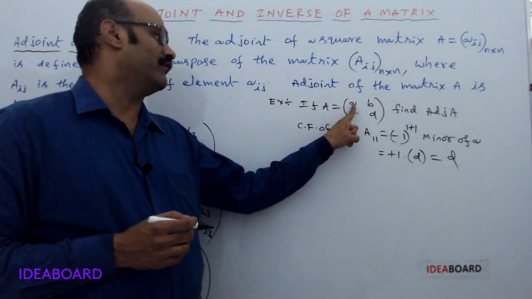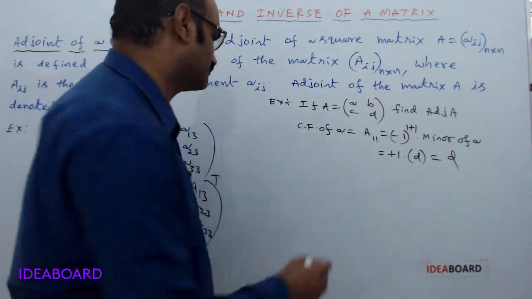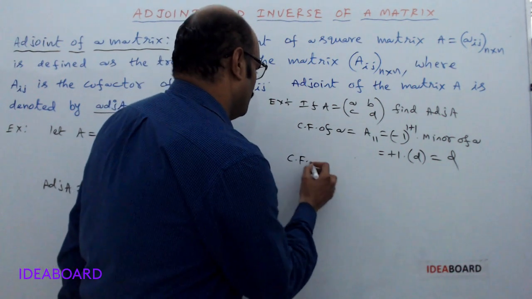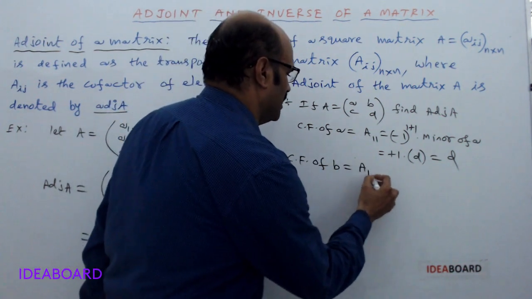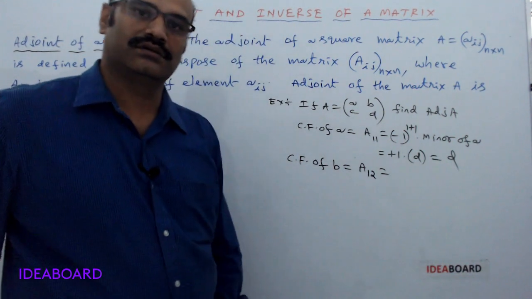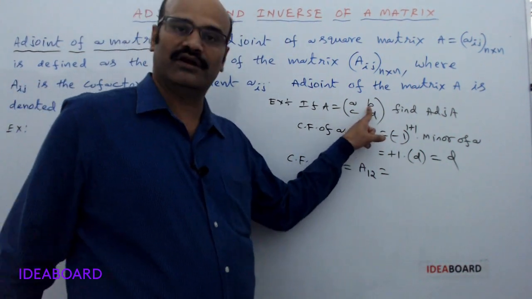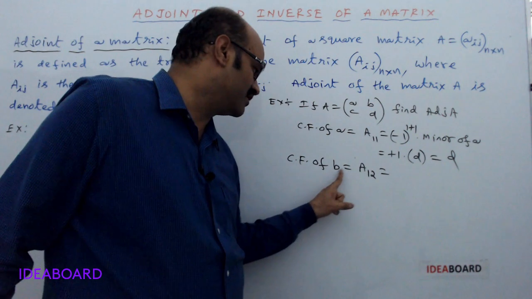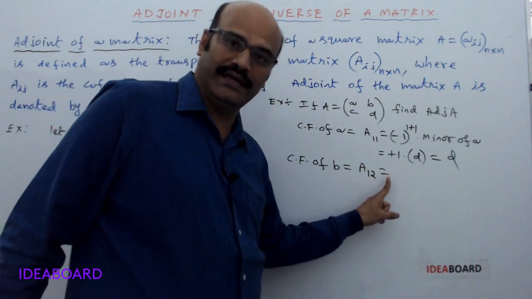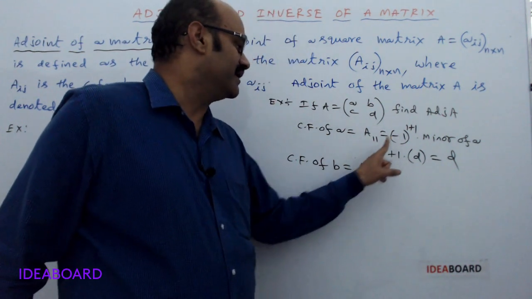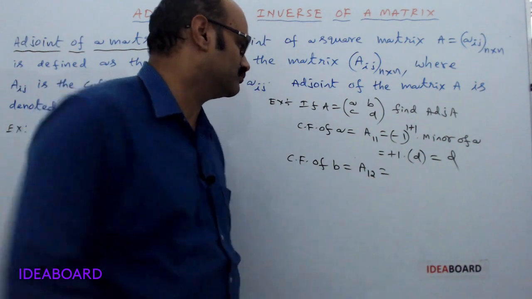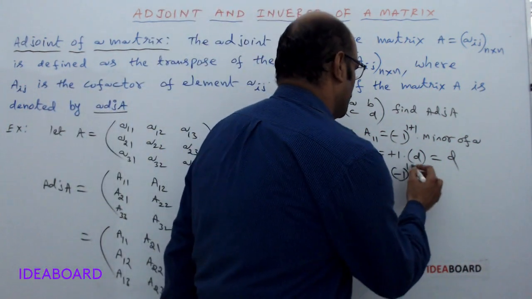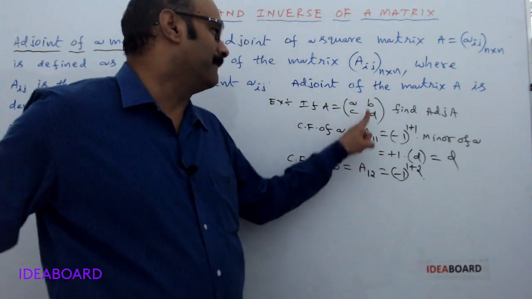Now cofactor of b. Cofactor of b is denoted by capital A12 equal to minus 1 whole power 1 plus 2 into minor of b.